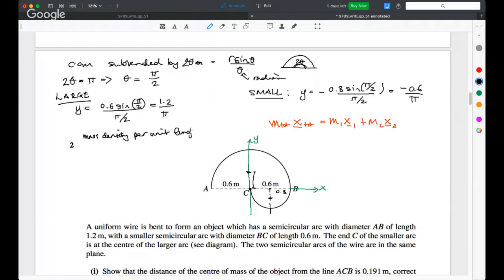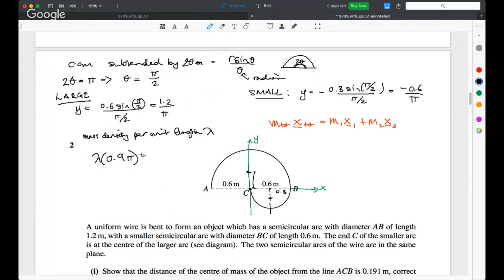So the total mass is going to be lambda times this length plus this length. Well, this length is just pi r, and this is 0.6 pi, and this is 0.3 pi, so this is 0.9 pi. That's the total mass.